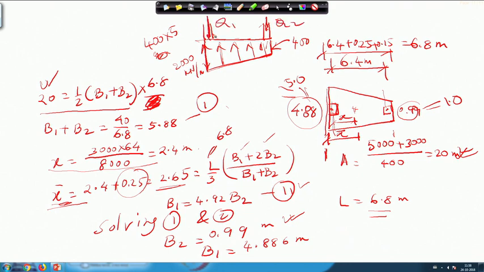So, considering these two supports and this loading, we can draw the shear force diagram and the bending moment diagram, and based on the critical bending moment we can design the section of the slab required. Also, based on this critical moment you can find out the reinforcement required, and those details I will not be doing here; you can learn them from reinforced concrete design for footing.